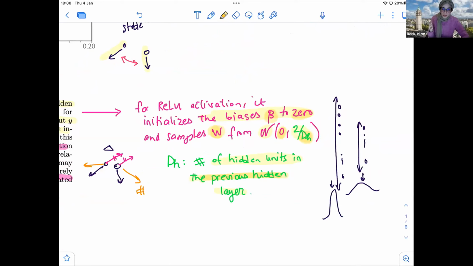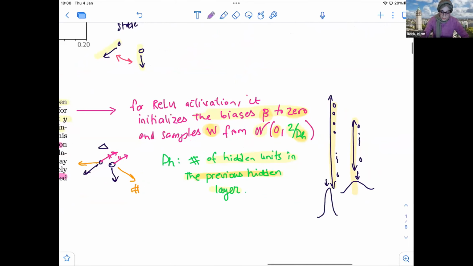Everywhere in your network you're stipulating the same sort of initial normal distribution, with slightly varying width depending on the number of units, as I explained in the previous video.